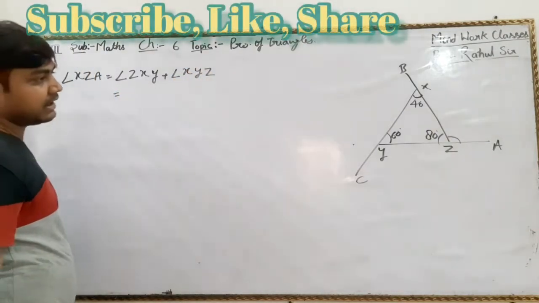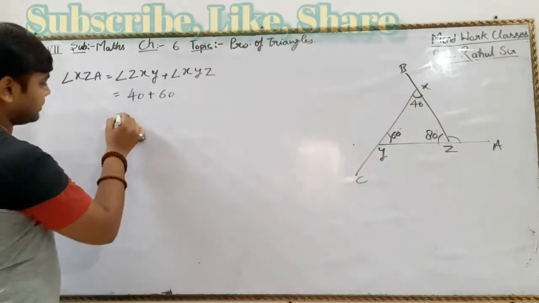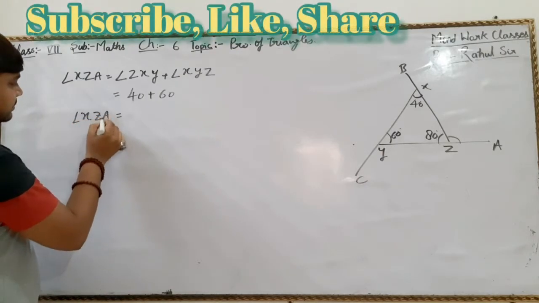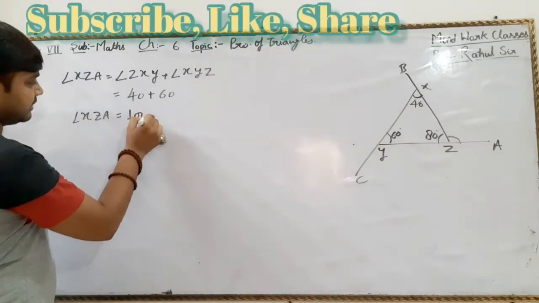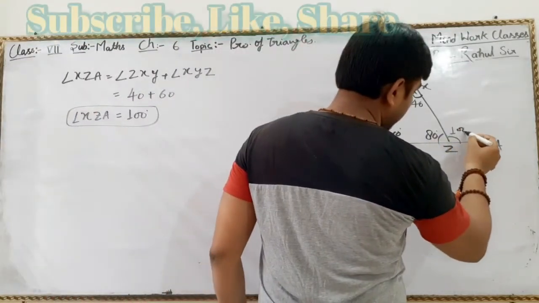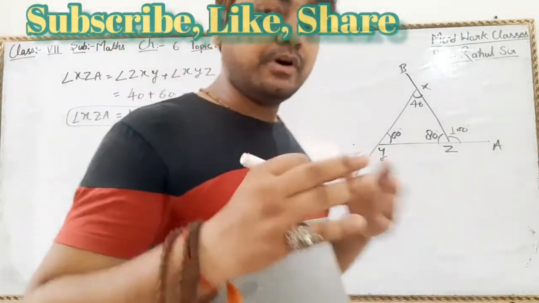So angle X is given 40 degree and this is given 60 degree. Obviously angle XZA is equal to 100 degree.